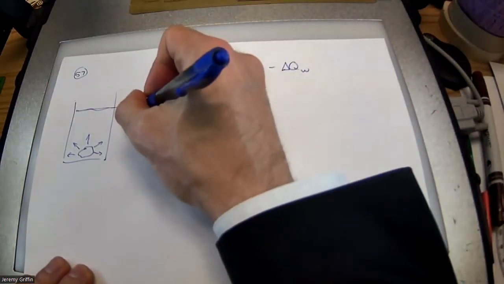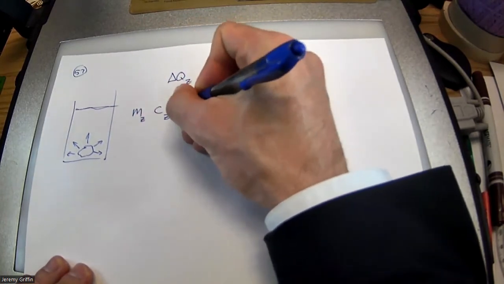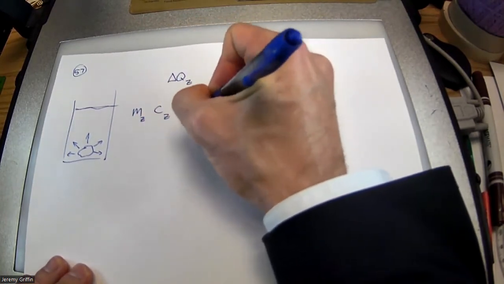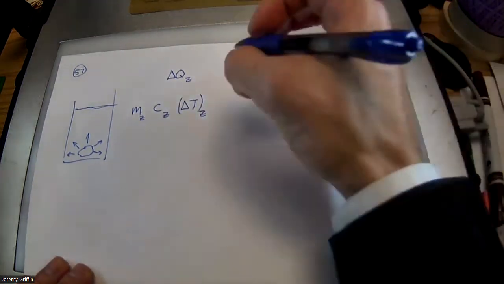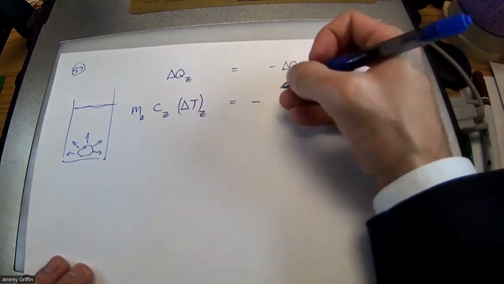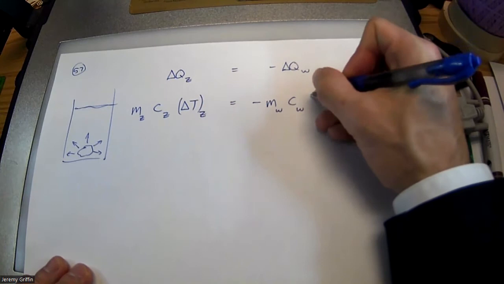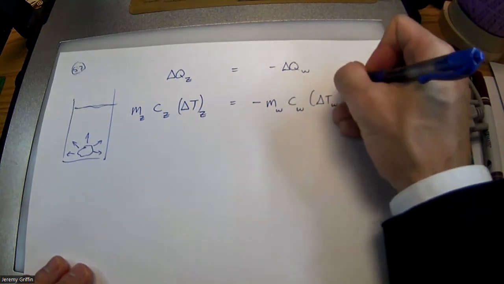So I've got mass of the zinc times the specific heat capacity of zinc times the change in temperature of the zinc, mC delta T, that's your heat energy, is equal to the heat imported by the water: mass of water, specific heat of water, change in temperature of the water.